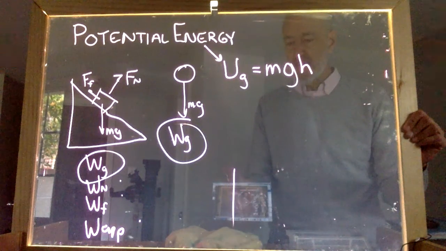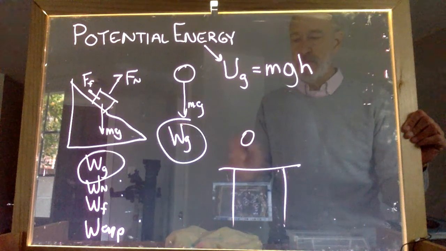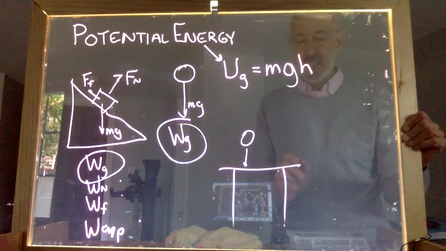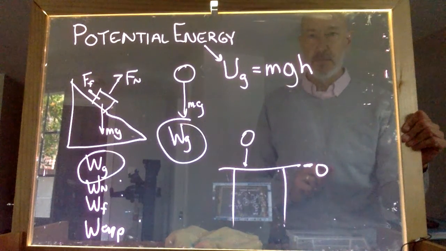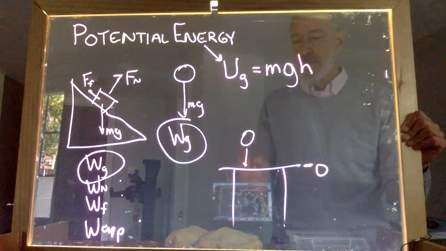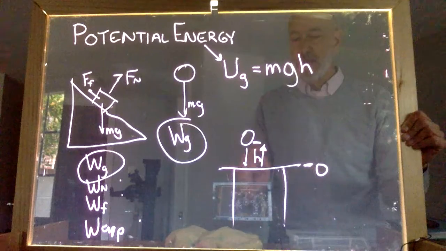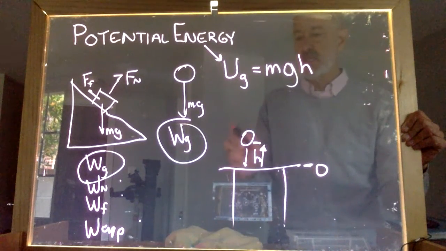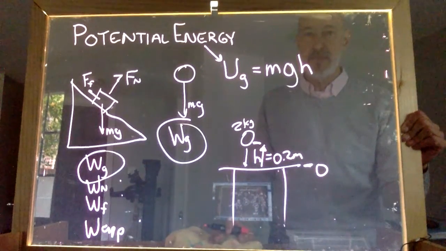We've got a table, and I'm holding a ball right up here, and I'm going to drop it onto the table, okay? Well, it makes sense to say that's my reference height. I'm going to call that height 0. And so the height above that would be however high I'm holding this thing. Okay, let's say it's 2 kilograms, and let's say I'm holding it 0.2 meters above the table.